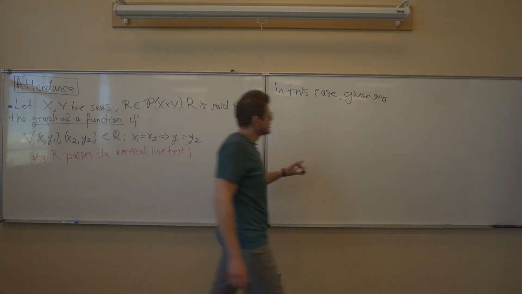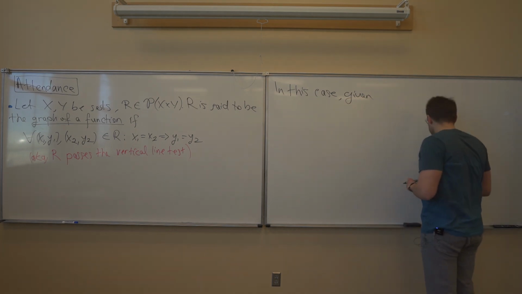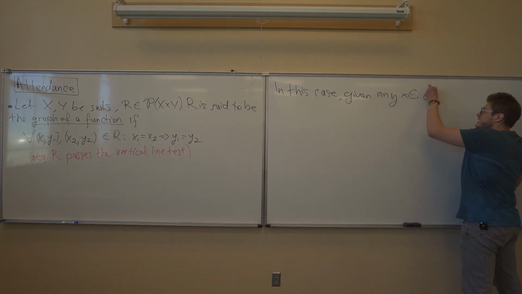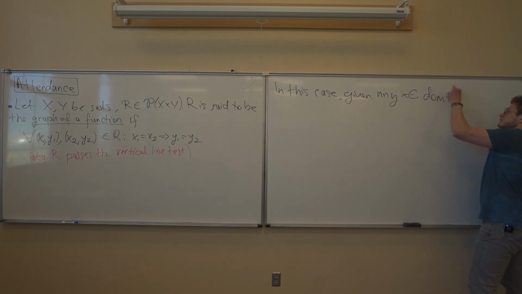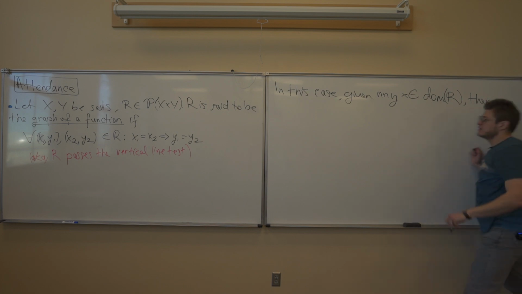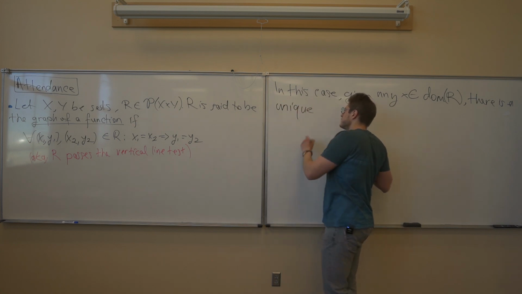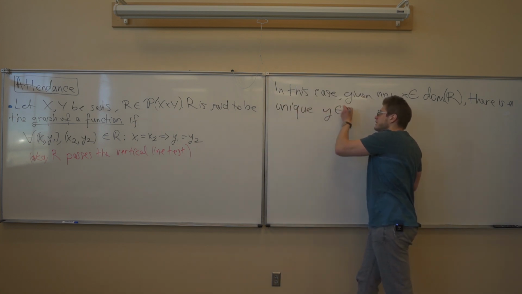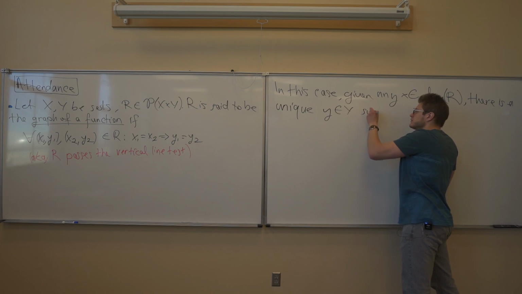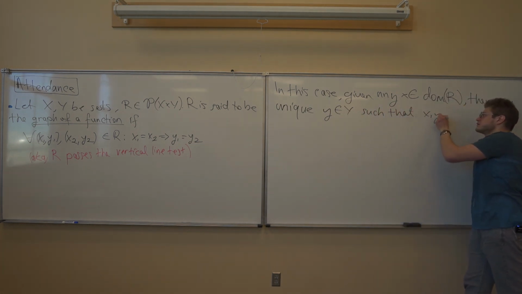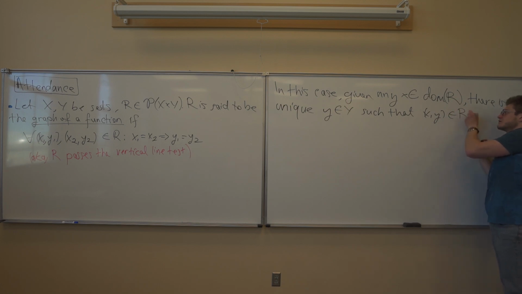Otherwise, there's nothing to do. So given any x in the domain of R, there is a unique y in Y such that (x, y) is in R.